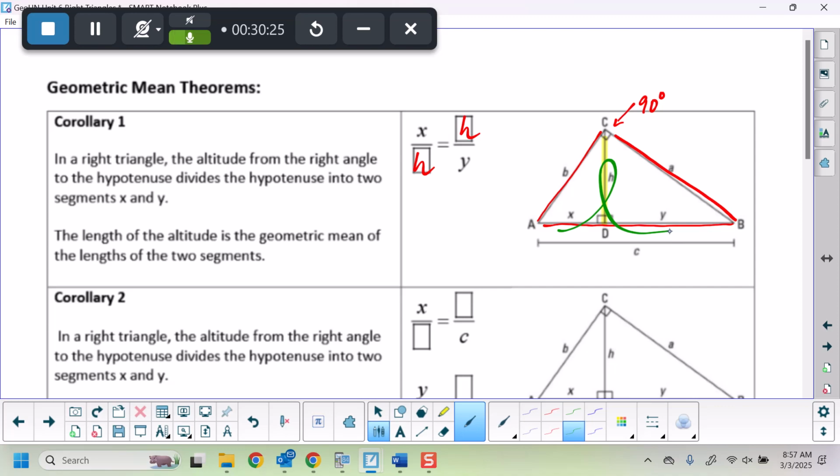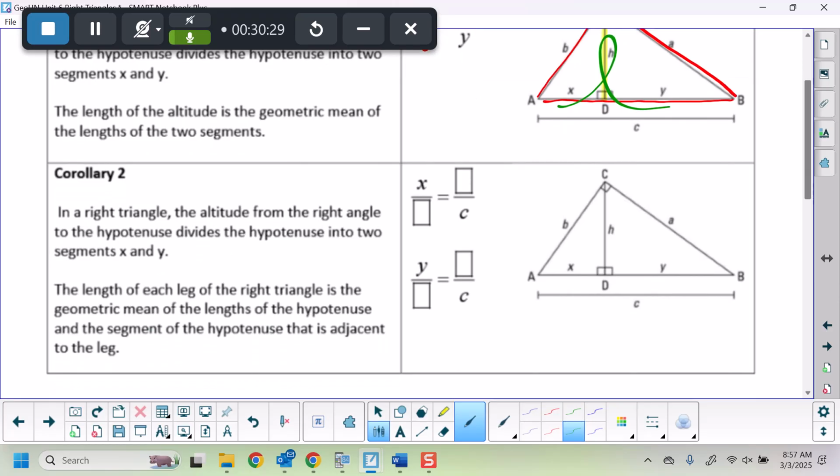Our second corollary deals with the other legs that do double duty. You know you have this b and this a that do double duty, and they are both the geometric mean between this piece that it's touching and this whole side.